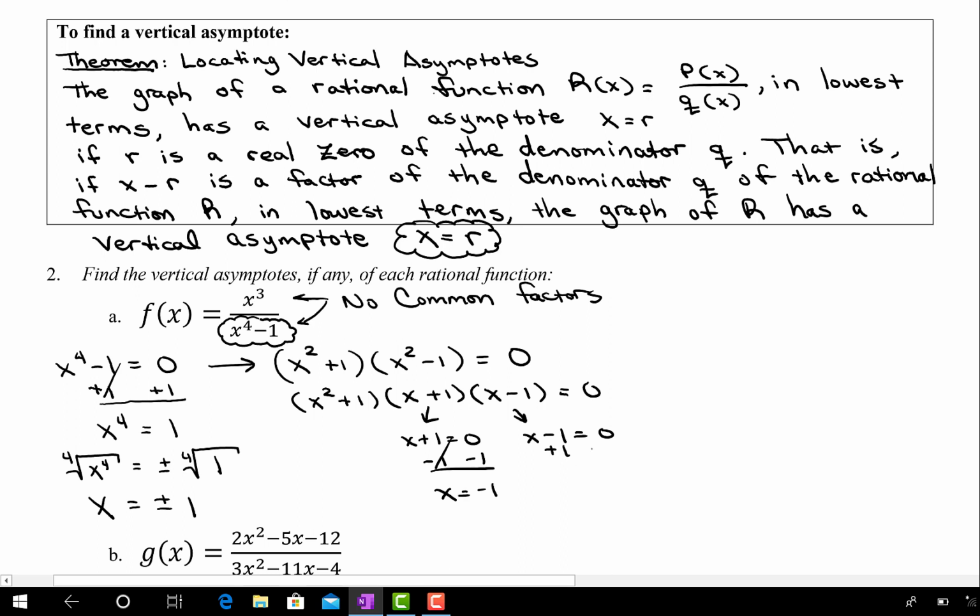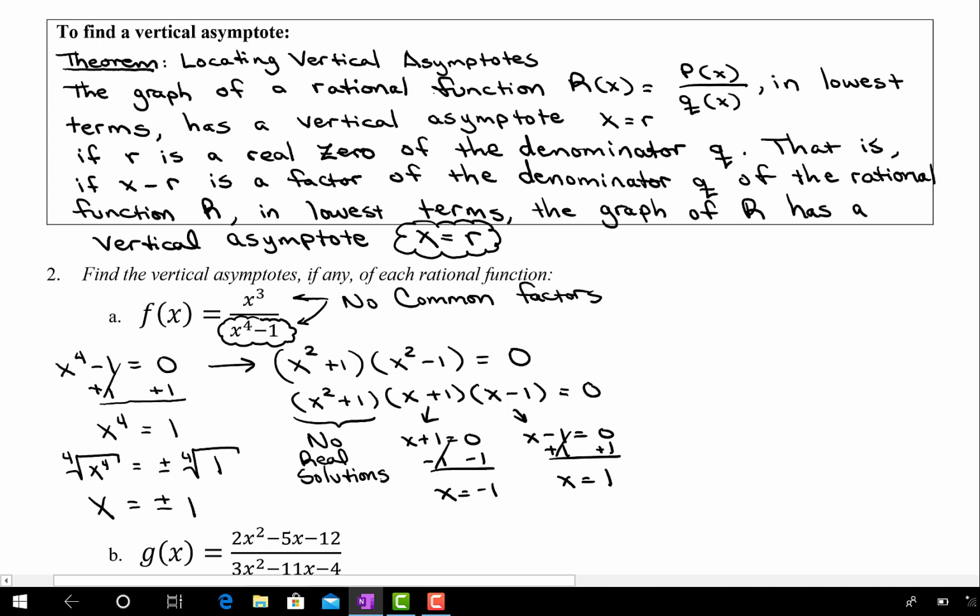Notice I am not setting the x squared plus 1 equal to 0. Why is that? Because there are no real solutions if I were to set that equal to 0. If I try to solve x squared plus 1 equals 0, it's just going to give me no real solutions, because we talked about this.